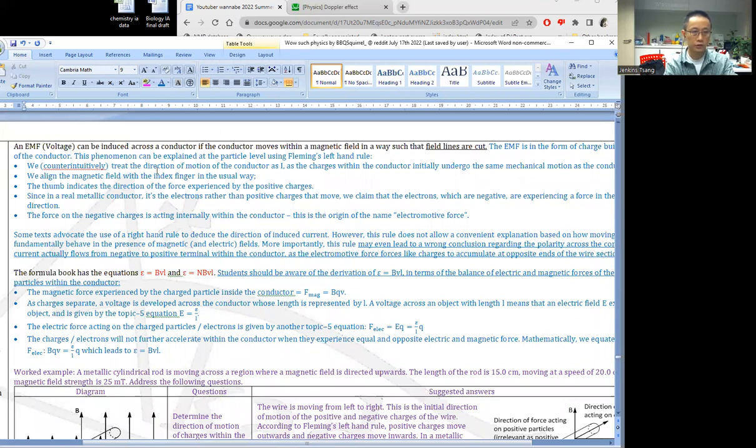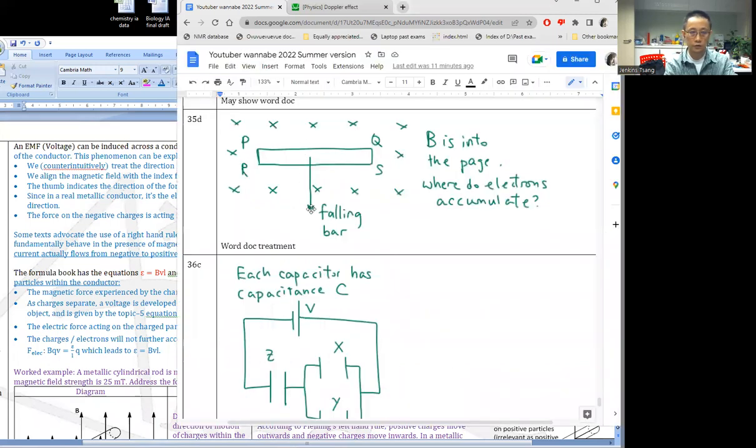But what you can do is to treat the direction of motion of the conductor as I, so the conductor is falling. By treating this as I, you can record the force acting on the mobile charged particles internally within the rod, and that allows you to determine which way the positive particles actually move. So applying the left-hand rule with current, which is the direction of fall of the bar, downwards, in the presence of a magnetic field acting inwards, shows that the positive particles are going to migrate towards QS.